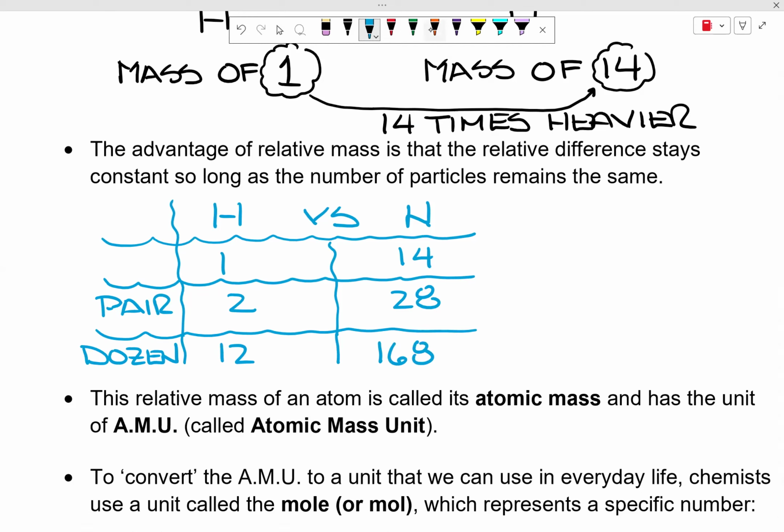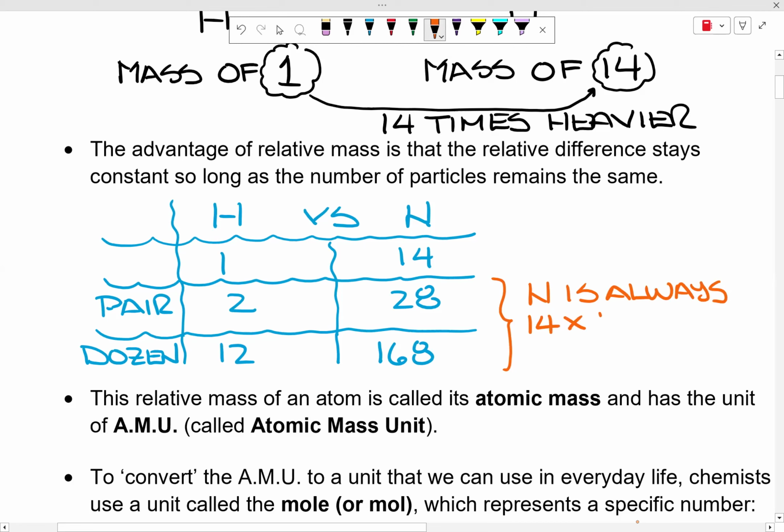Notice in this particular case, nitrogen is always 14 times heavier than hydrogen. Here we multiply by 14, and here we multiply by 14. All of these we multiplied by 14.